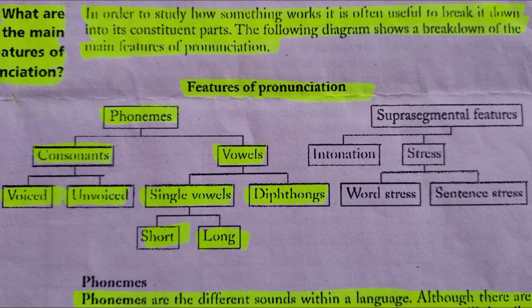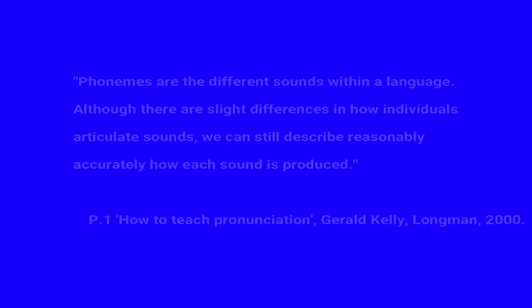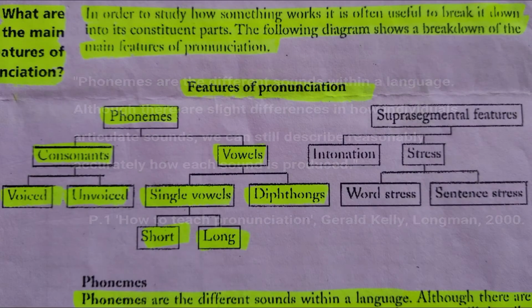We can divide phonemes into consonants and vowels, and also we can divide consonants and vowels. But what is a phoneme? Kelly says that phonemes are the different sounds within a language. And he says that although there are slight differences in how individuals articulate sounds, we can still describe reasonably accurately how each sound is produced.